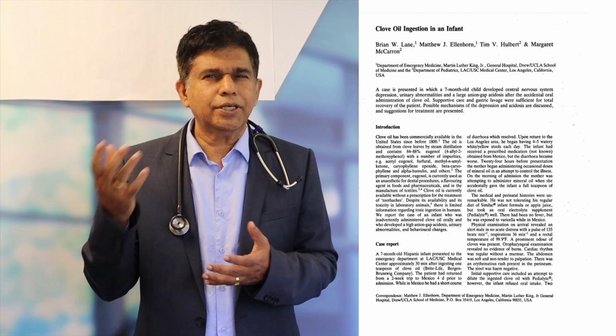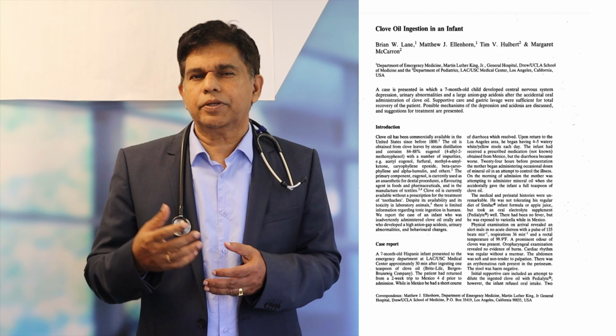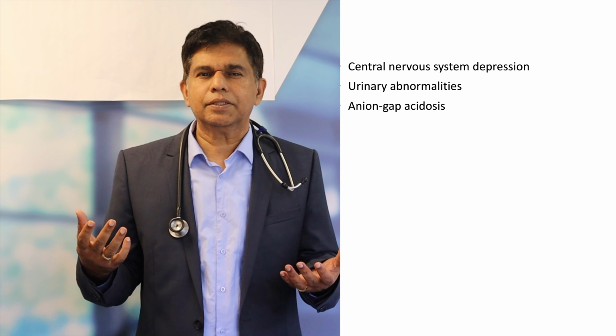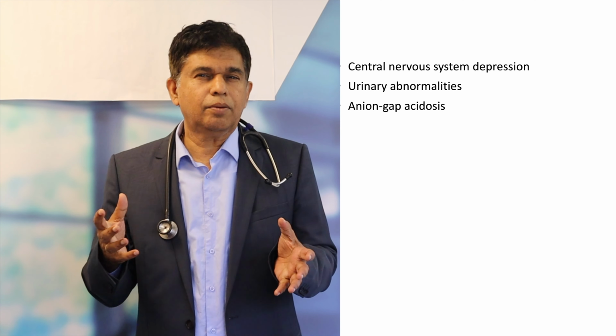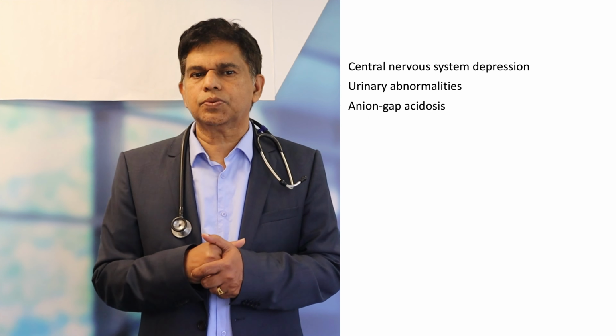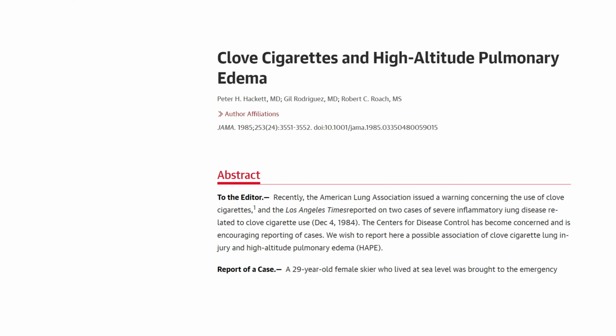He got CNS depression, respiratory depression. He got urinary abnormalities. He also developed metabolic complications, like metabolic acidosis. And the next case report is about a 29-year-old patient who was smoking a clove cigarette at high altitude. Again, he developed pulmonary edema, fluid buildup in the lung fields.